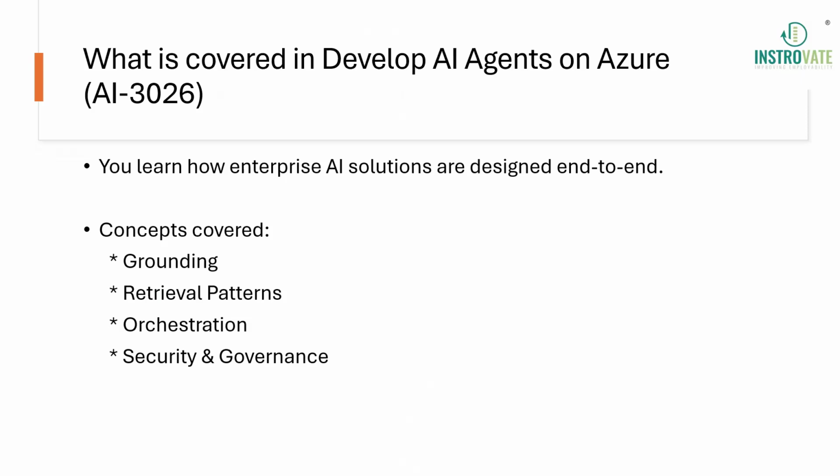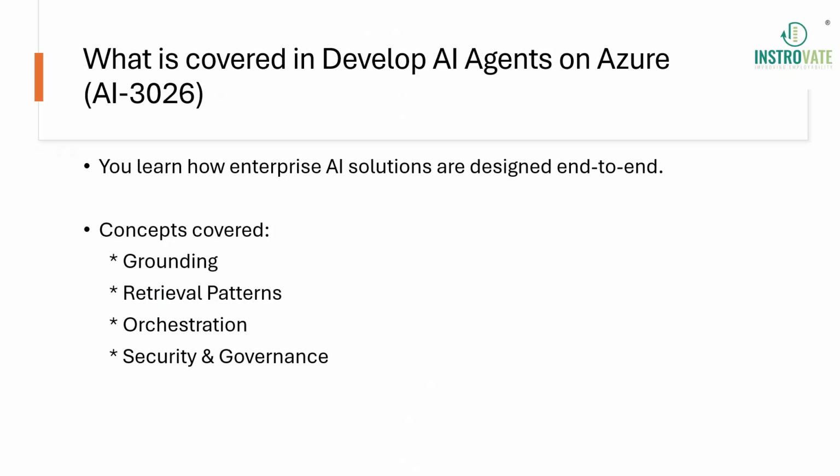This is how the organization reduces hallucination and keeps answers traceable and auditable. You don't just hear the theory, you understand when to use which retrieval pattern, why it matters in the real system, and other such details.